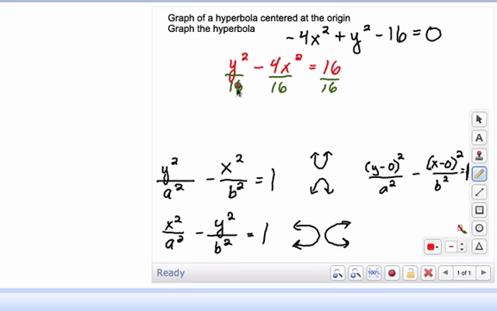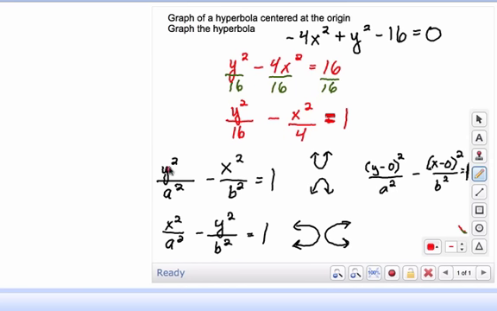So you can see here that you're going to just keep this part, y squared over 16. And then minus, and then I can simplify, these are both divisible by 4, so it's going to give me x squared over 4 equals 1. Okay, so now I've got my equation in the form.